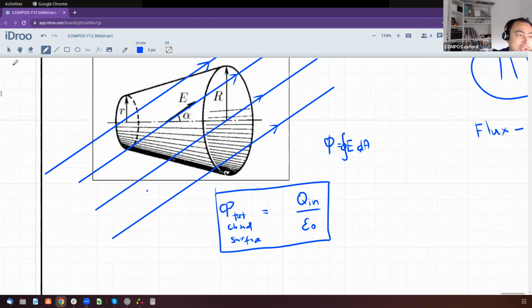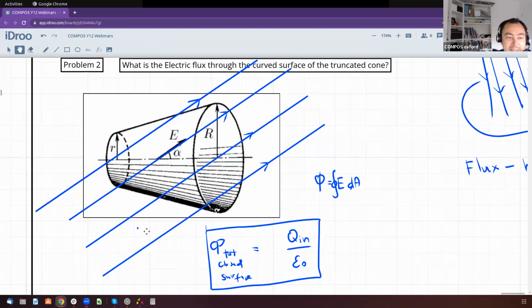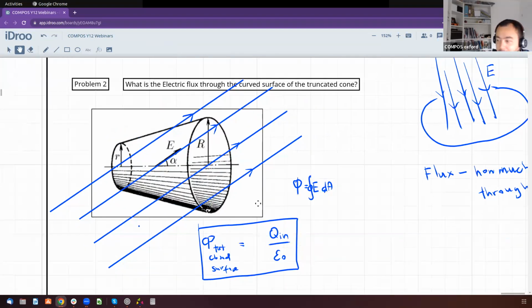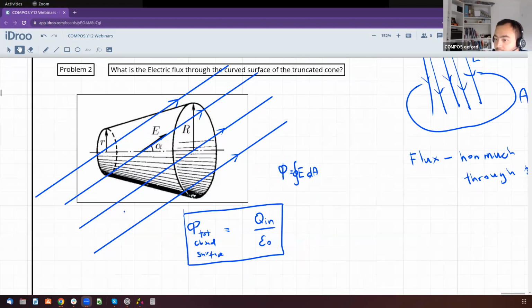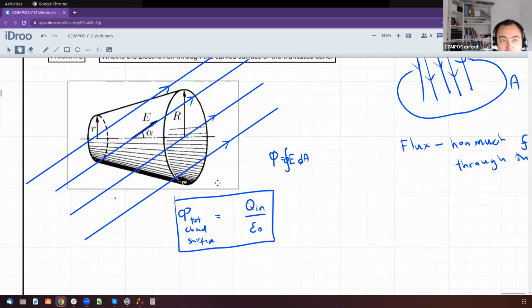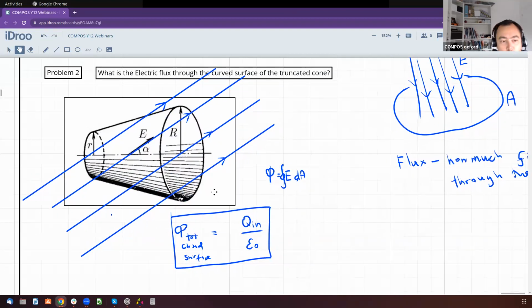In this case, how much charge is enclosed in that truncated cone? How much charge is enclosed in that cone? It's not a trick, not a calculation question. Well, the field is uniform.